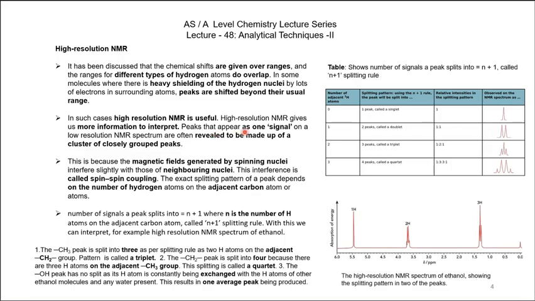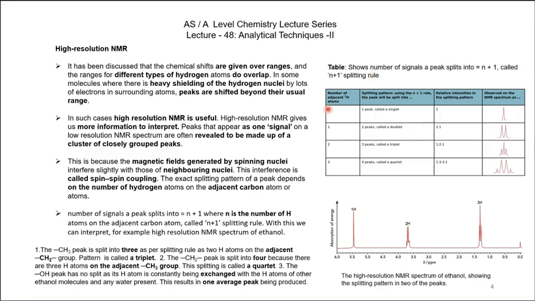A peak which shows one signal on a low resolution NMR is revealed to be made up of a cluster of closely grouped peaks. This table shows the number of signals as a peak splits into n plus 1, called the n plus 1 splitting rule.